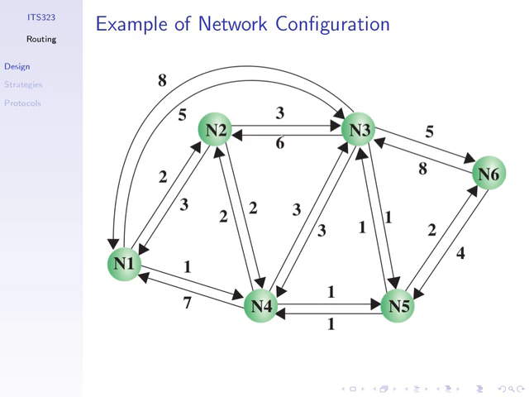So 1 plus 1 plus 2, the cost is 4. So we could say that the path from N1 to N6, the path with least cost, is N1 to N4, N5, N6. And it has a total cost of 4.